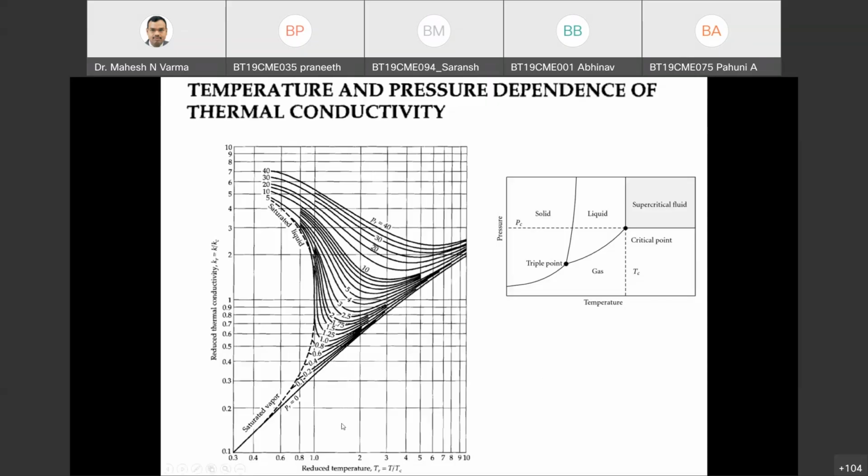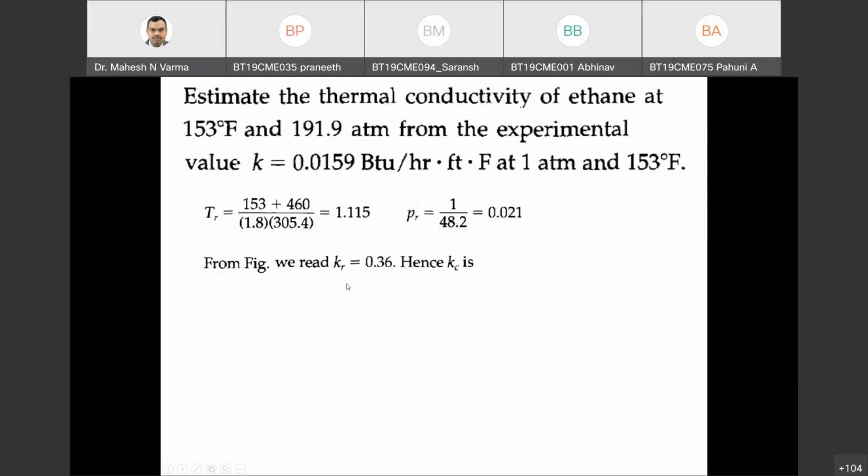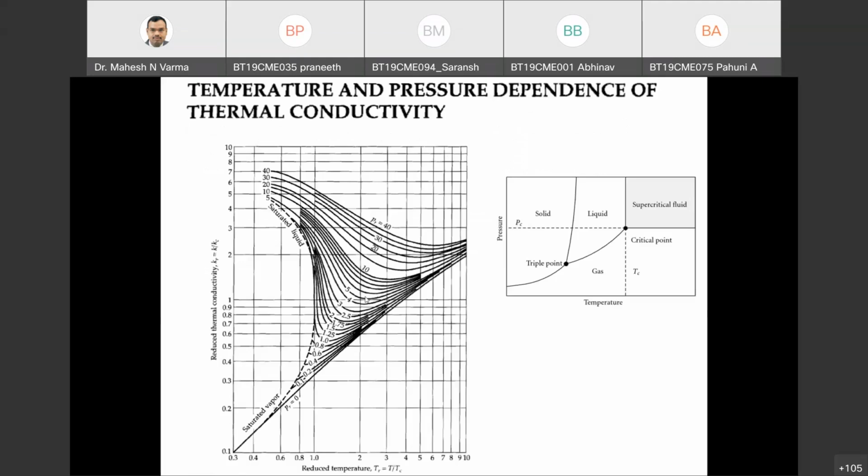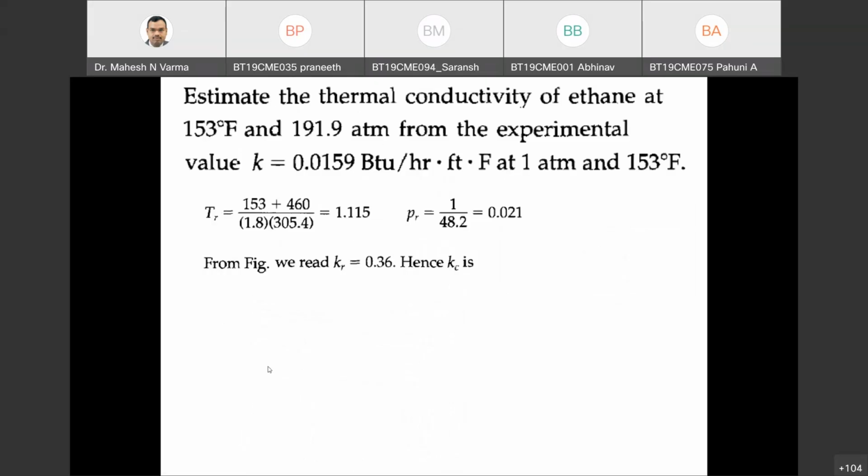This is a logarithmic scale. So 1.1, and close to this, somewhere here I will get the reduced value of thermal conductivity. It's 0.36 actually. So the reduced value of thermal conductivity at this point is 0.36.